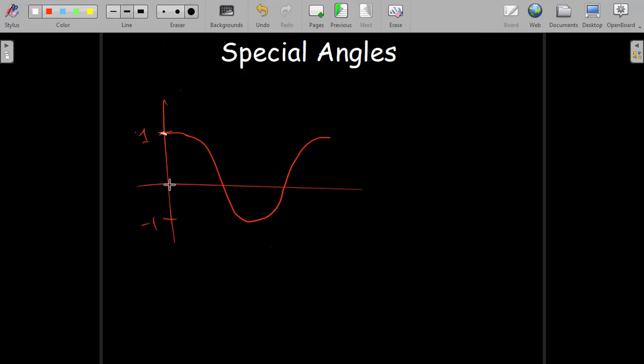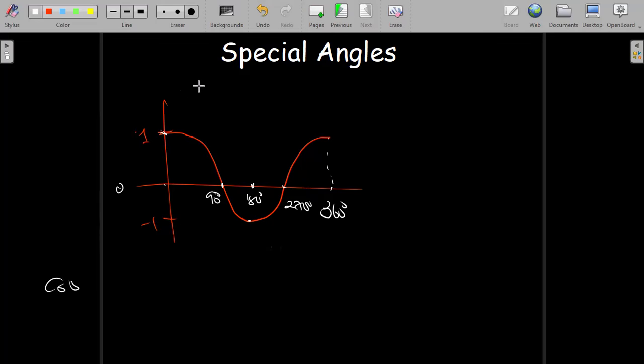Here that's at 0. Then where it cuts next is 90 degrees. There where it goes down, that's 180 degrees. Here where it passes through, that's the 270. Then here where it comes to an end, at the end point there, is 360 degrees.